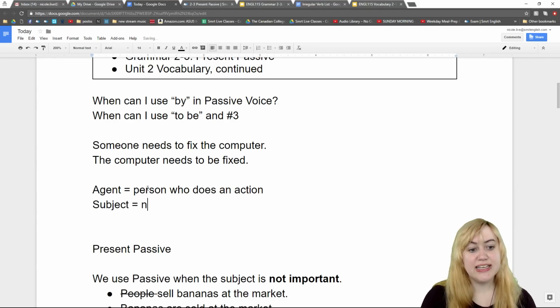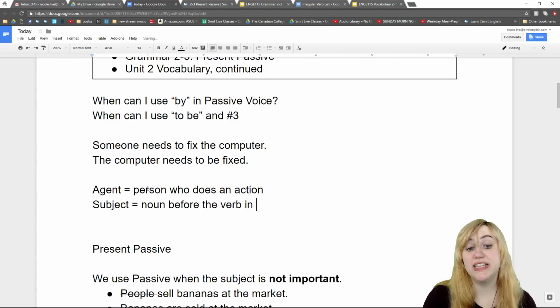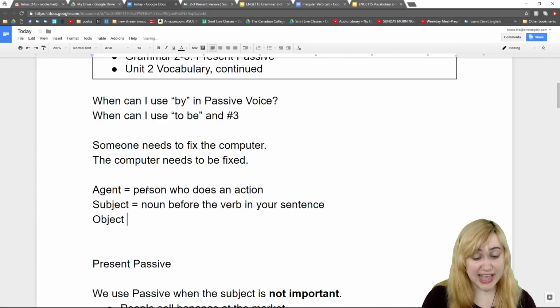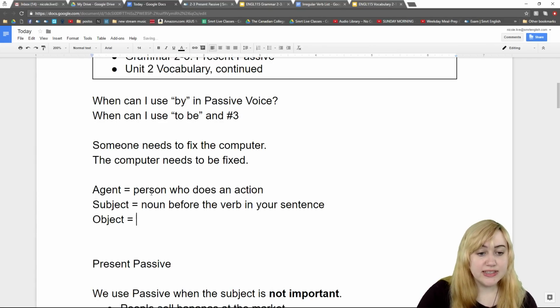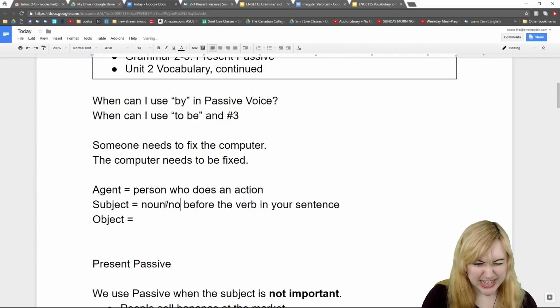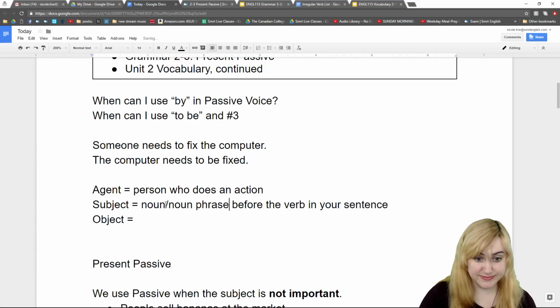Subject is the noun before the verb in your sentence. And an object, noun or noun phrase, I should say. Let's be real specific. And even agent can be a thing.